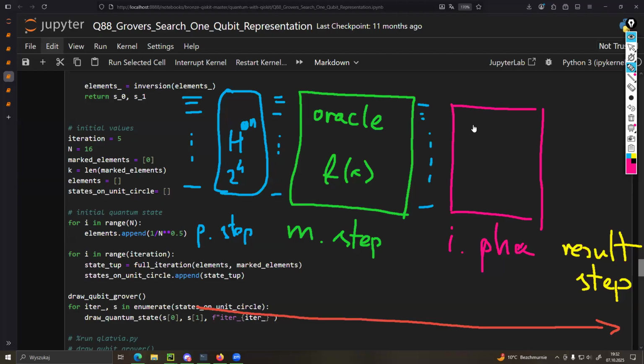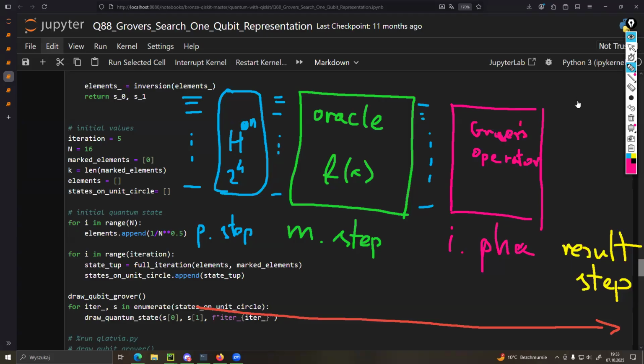This is Grover's operator. It is a construction that allows you to perform the actual inversion.